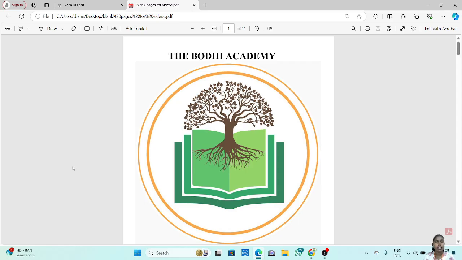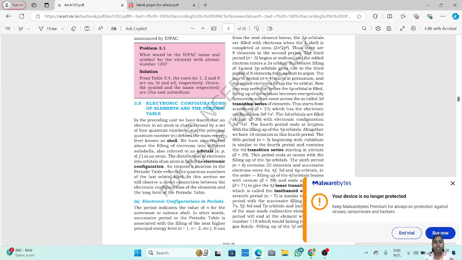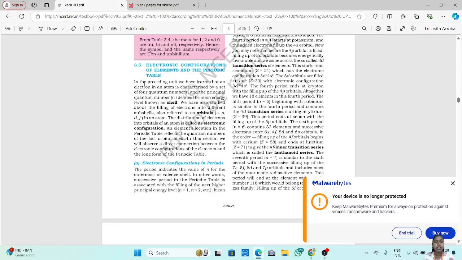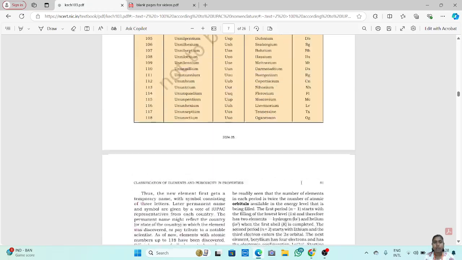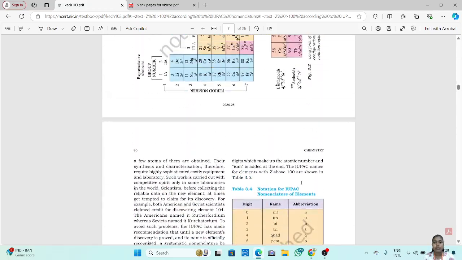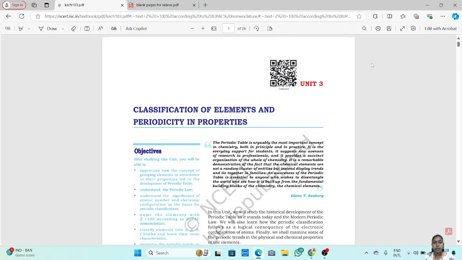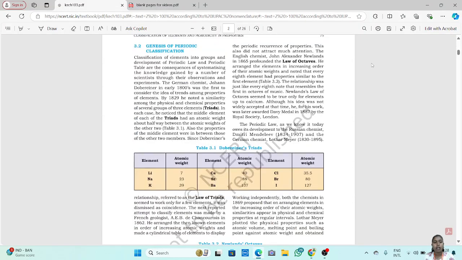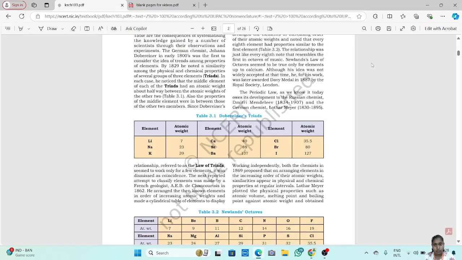So today we'll continue with the chapter, and in today's part we will see about the electronic configuration of the element. In last class we have seen the nomenclatures, right? In our last video we have seen the periodic table. What is the general periodic classification?